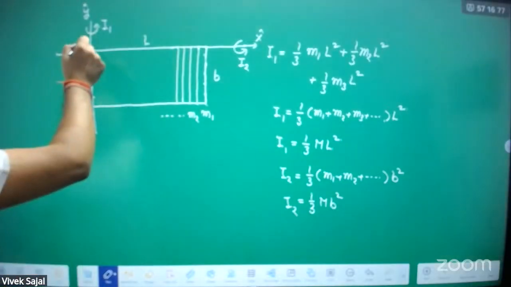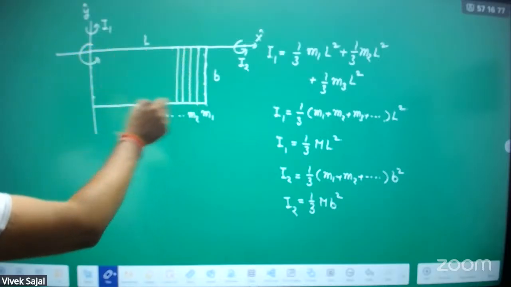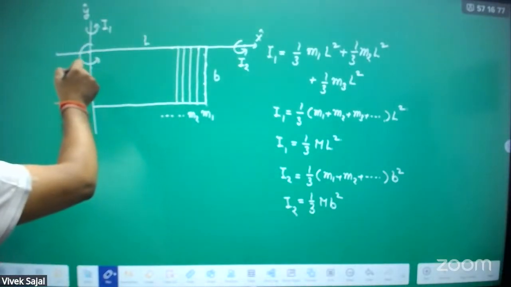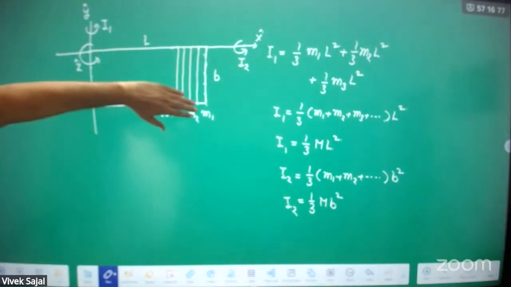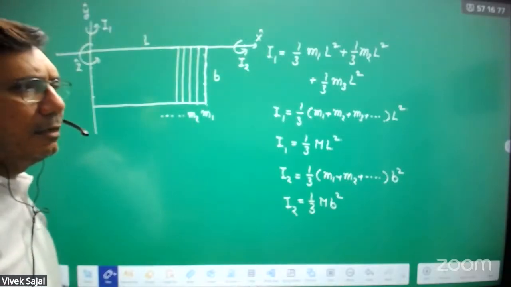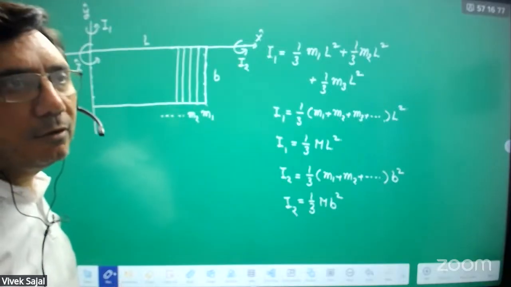Now, what will be the moment of inertia if you are rotating this rectangular plate about the z-axis? Basically, you can find this by using the perpendicular axis theorem.